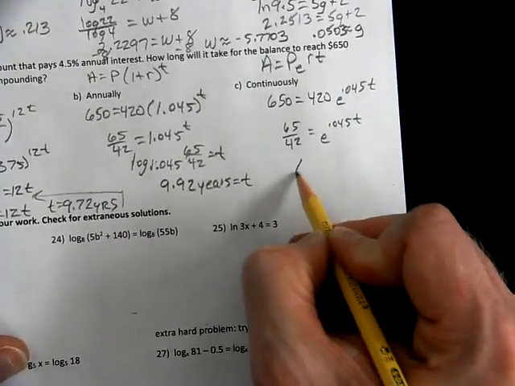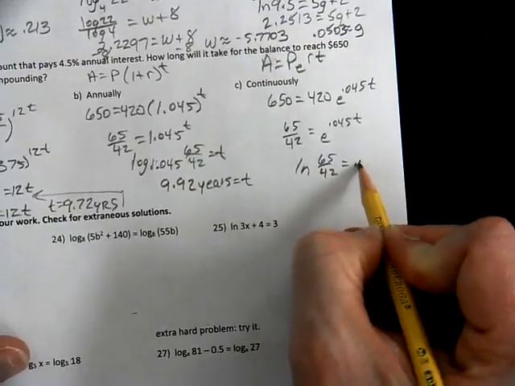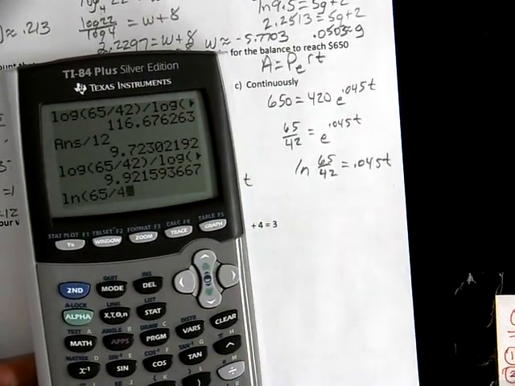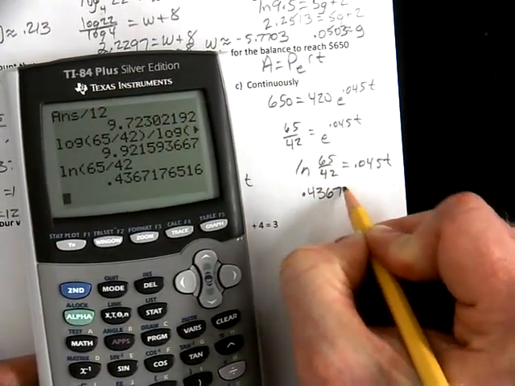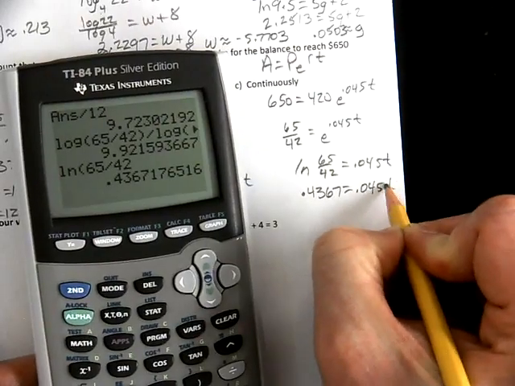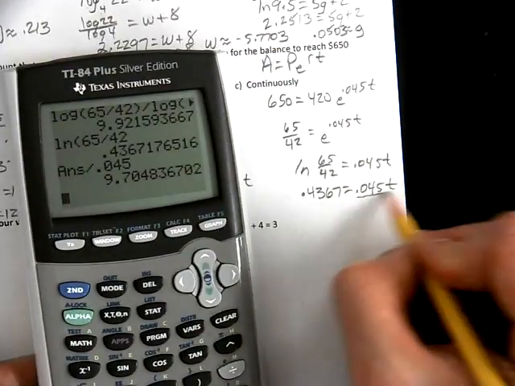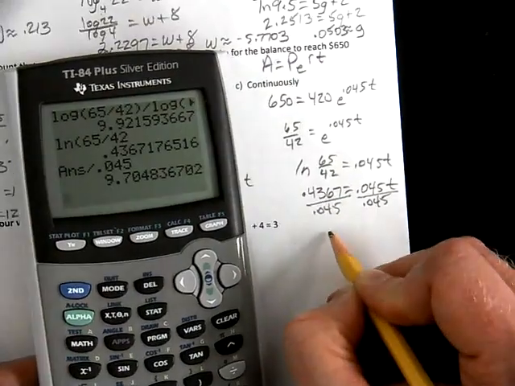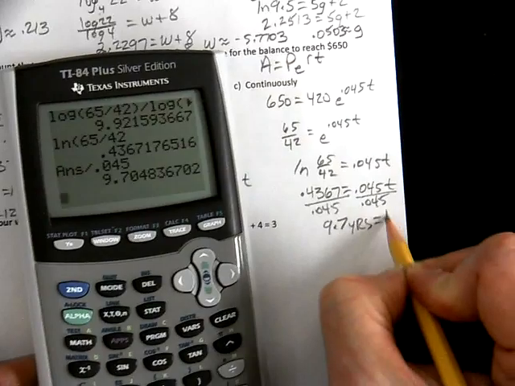This time the base is e, so we use natural log. So the natural log of 65 divided by 42, and we divide by 0.045. Gives us 9.7 years.